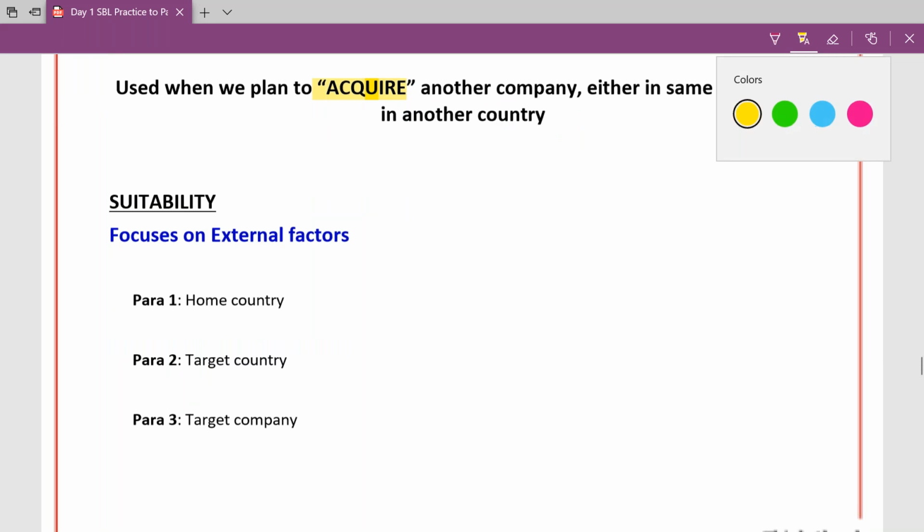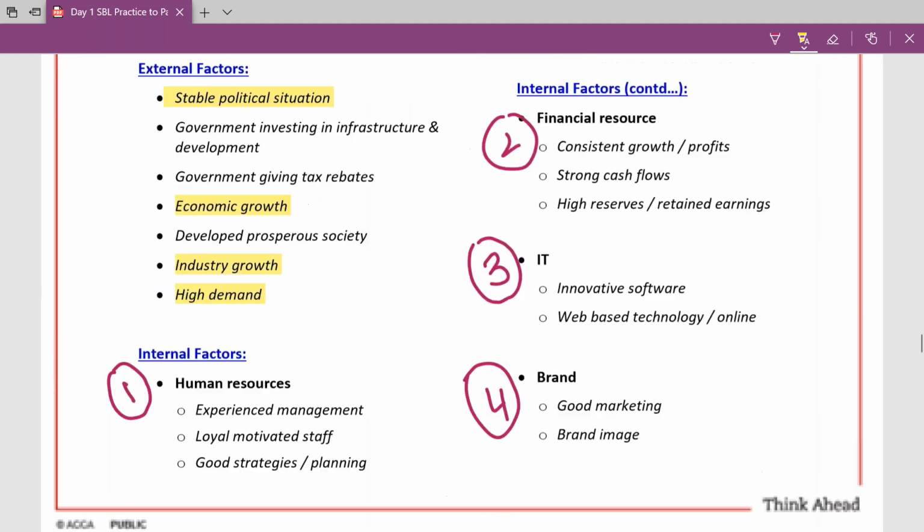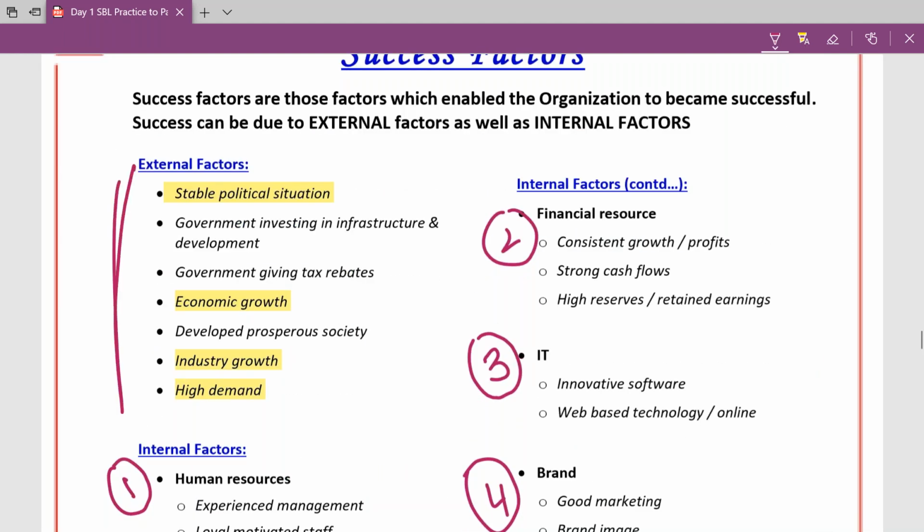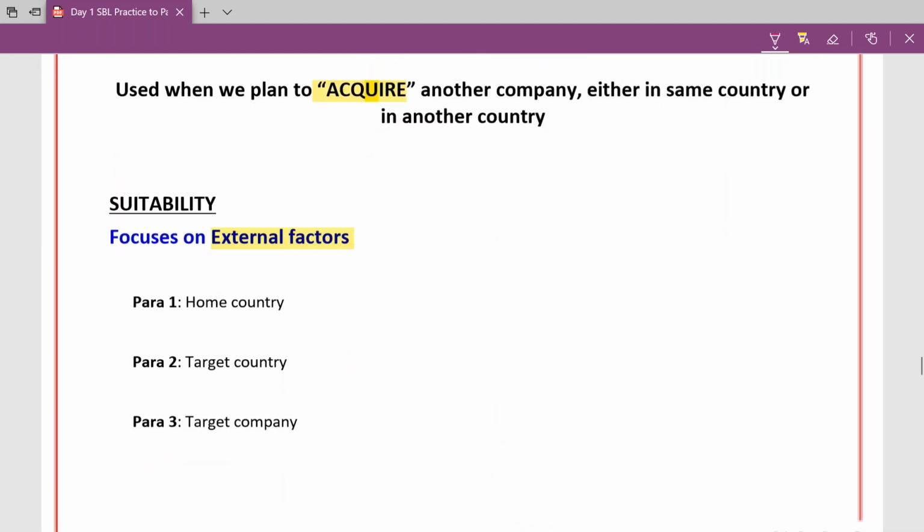Suitability focuses on external factors. We already talked about external factors. If you recall PESTLE and Porter's Five Forces, or even without referring to a model, all these are the most common external factors: the political situation, government policies, economy, social, technological, the industry.